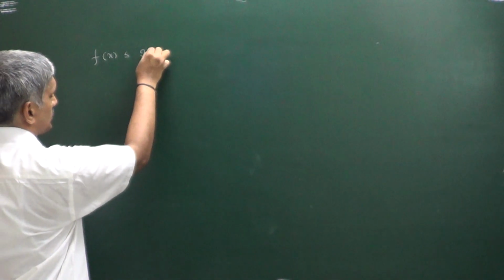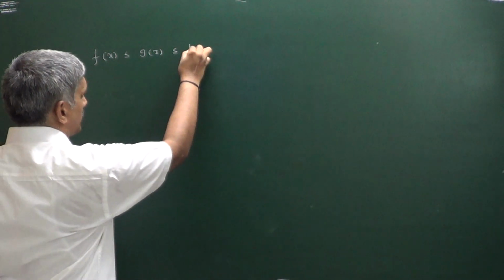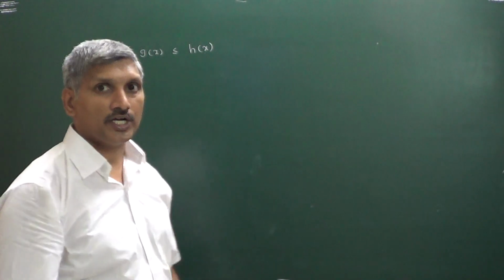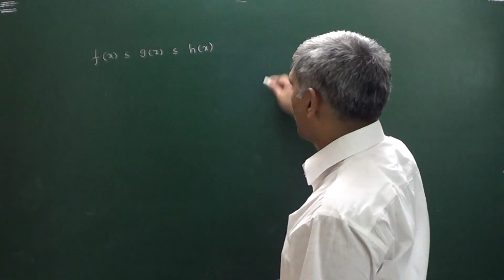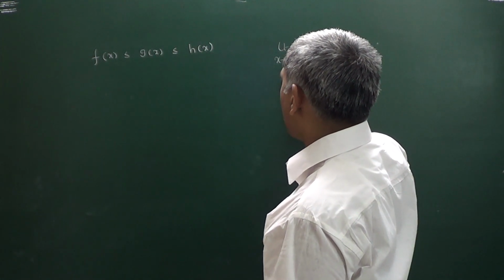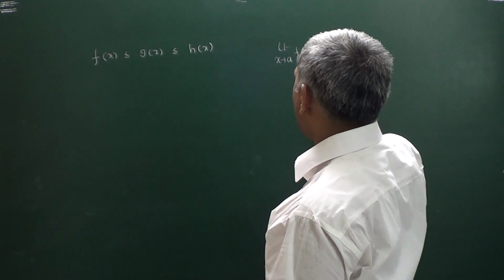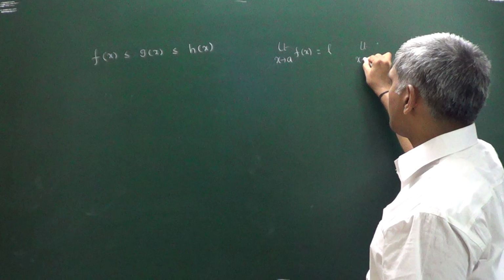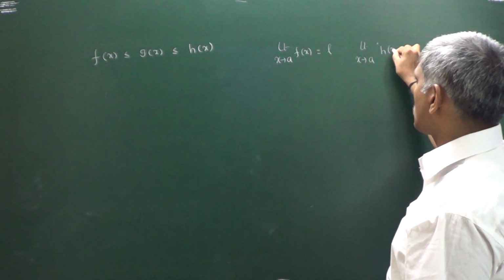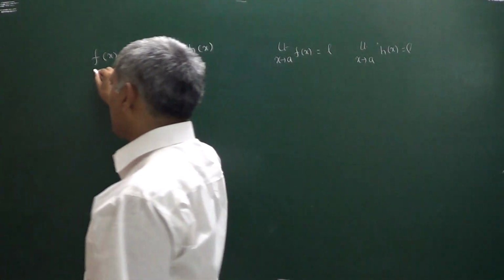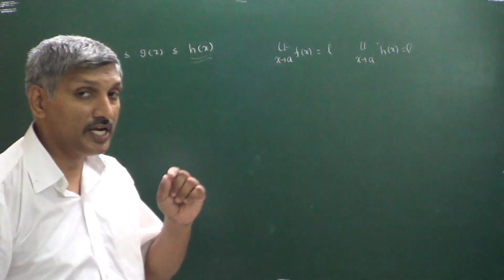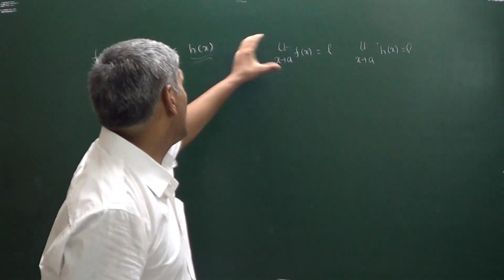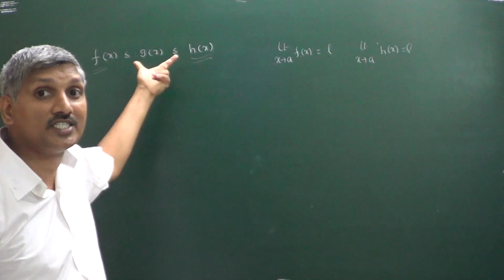In the deleted neighborhood of a, f of x is less than or equal to g of x, which is less than or equal to h of x, and limit x tends to a, f of x is equal to L, limit x tends to a, h of x is equal to L. That means this limit value is equal to L and this limit value is also equal to L. So in the deleted neighborhood of a, very close to a, this functional inequality is satisfied.